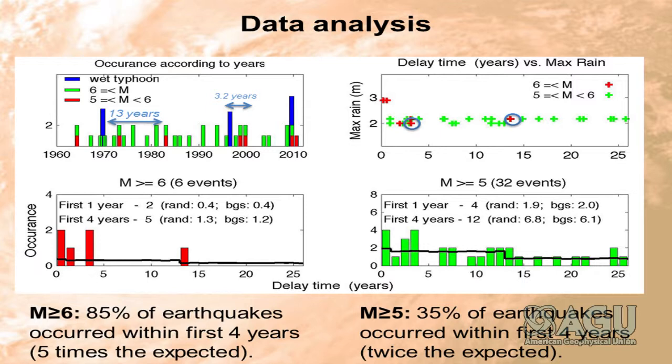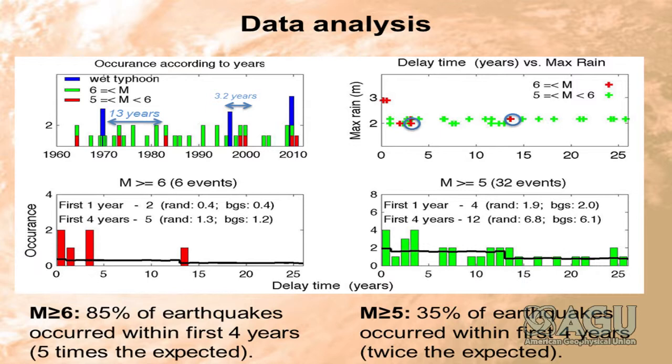So this is, for example, this red over here. We calculated it's about 13 years, and we plot it here compared to the amount of maximum rain recorded by each of these events. And for example, here we see this is 3.2, and it's plotted over here.